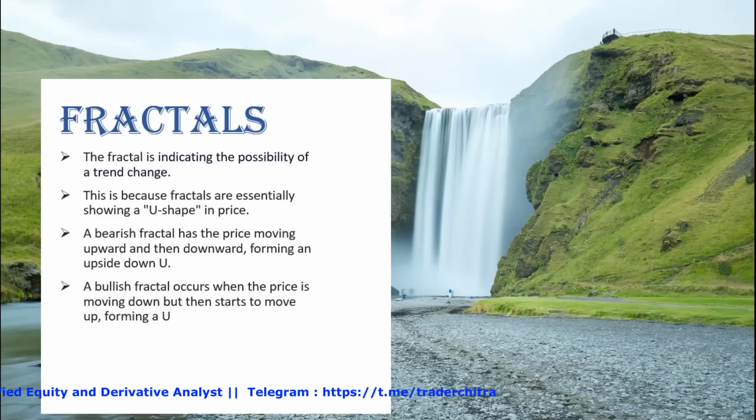The fractals indicate the possibility of a trend change. So if you are bullish on the market and you are in a long trade and a fractal is formed, it means there is a possibility of a trend change, and we can enter into the short trade. Okay, this is because fractals especially show a U shape in the price. That U shape is nothing but the swing.